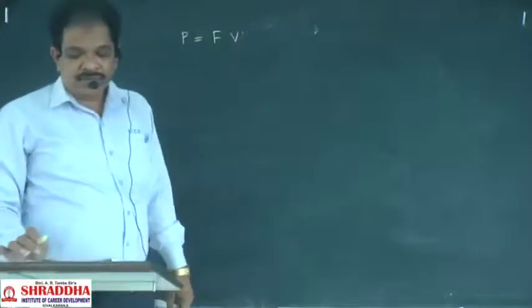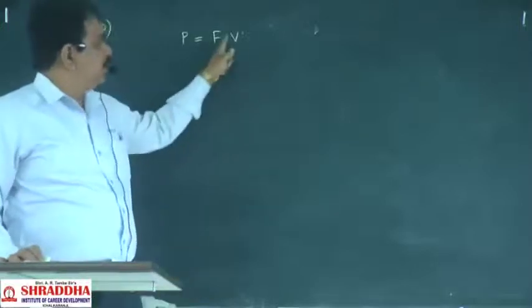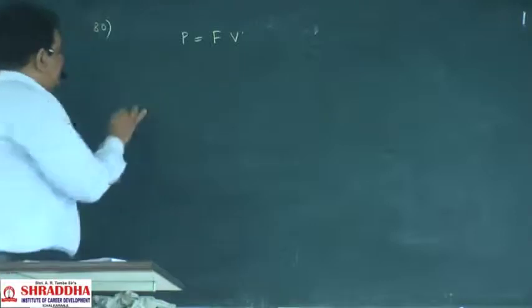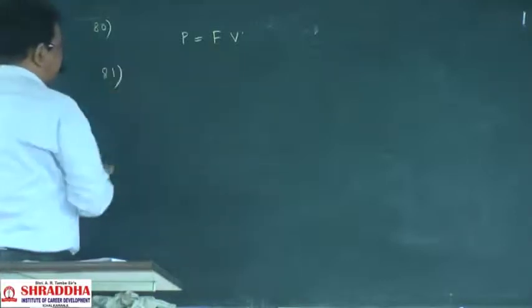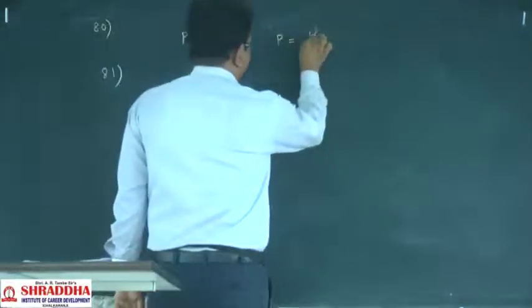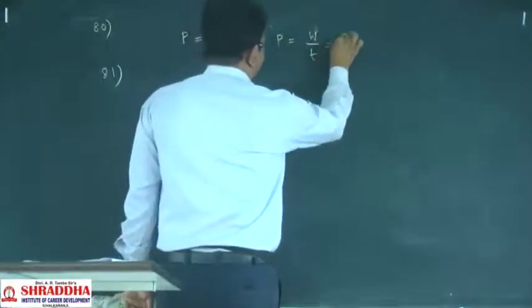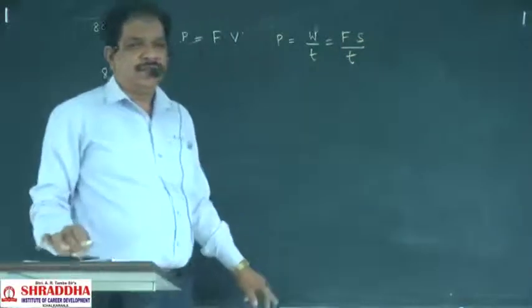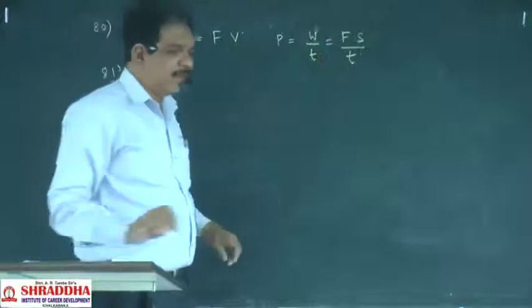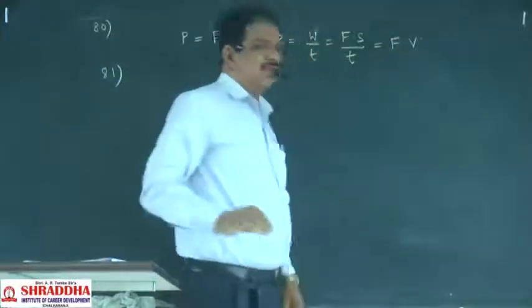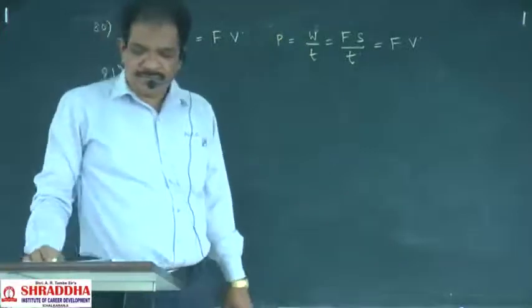So P is equal to F into V. Actually, power is equal to work by time. Work means force into displacement by time. Displacement by time means velocity. So we will get this as F into V.